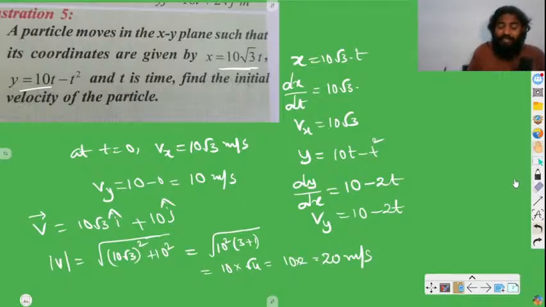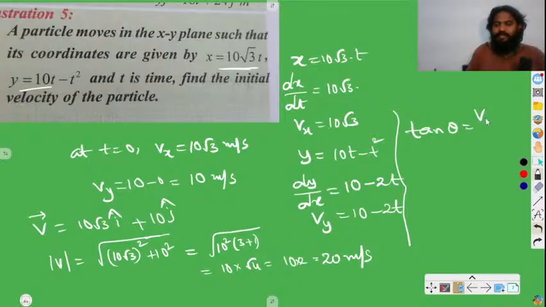Now they'll ask you in which direction the velocity is. Now what you can take is tan theta. If you take tan theta, that is equal to Vy by Vx. Then theta is equal to tan inverse of, what is Vy here? 10 by 10 root 3.